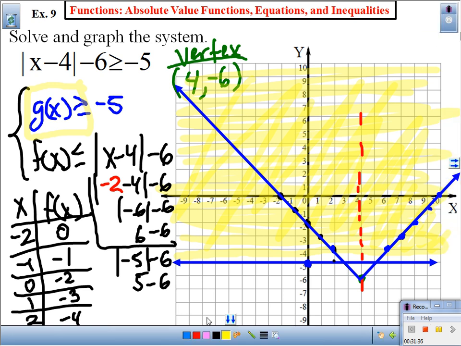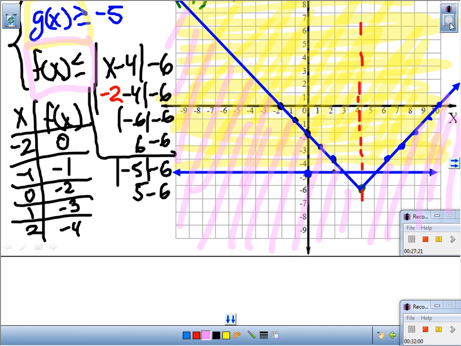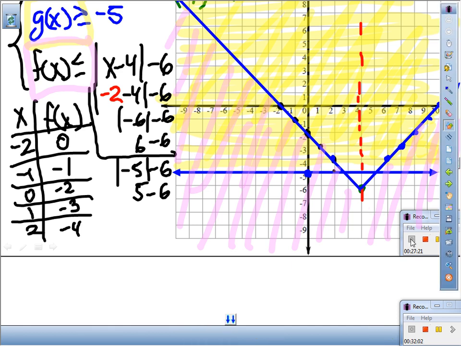And then lastly, I'm going to switch to pink highlighter. It says f of x is less than. Where am I going to shade? Below the v. Below the v. Uh-oh, now we have a little dilemma.